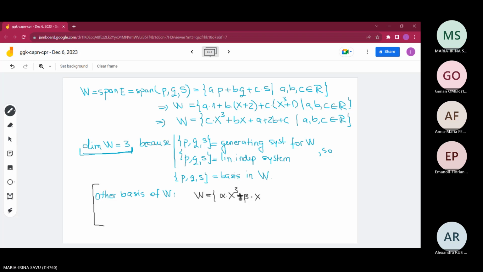Plus, and here something which is not this one or this one, something else, totally different from c and b.